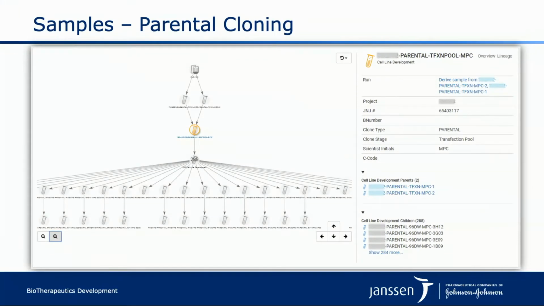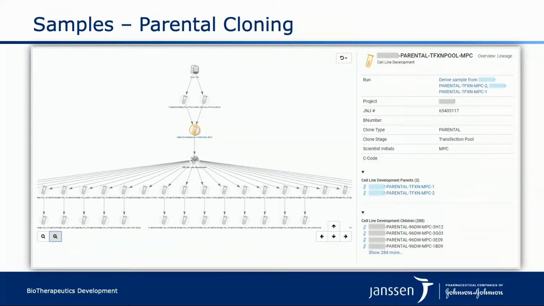And here's how LabKey can do this. In this example, we have one cell line selection project. We did 2 transfections and pooled them together, and that was split into 4 different 96 deep well plates.